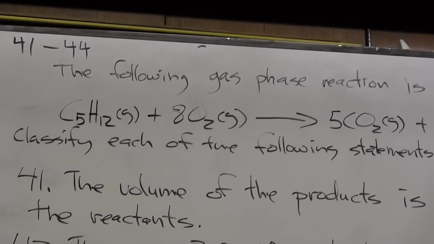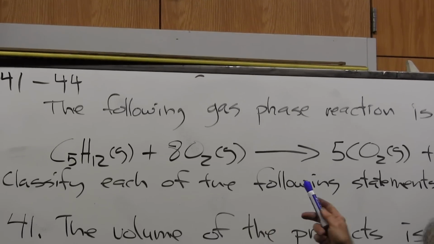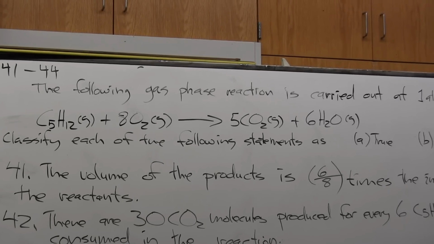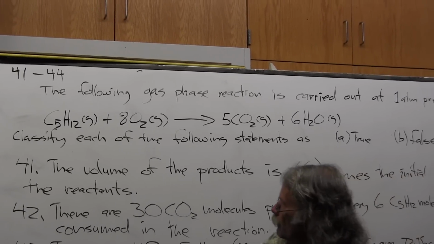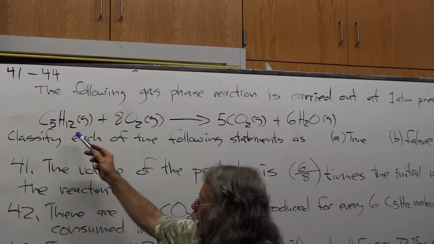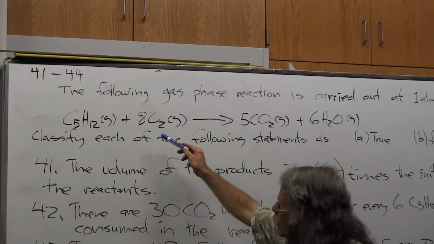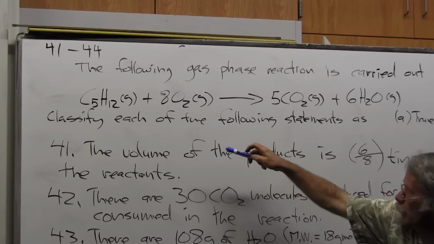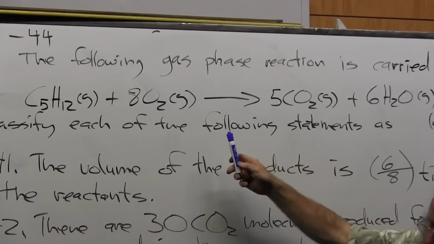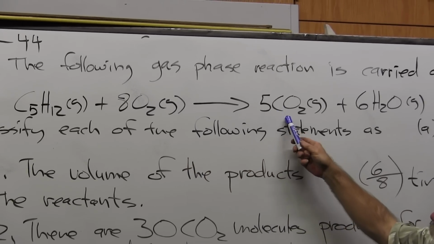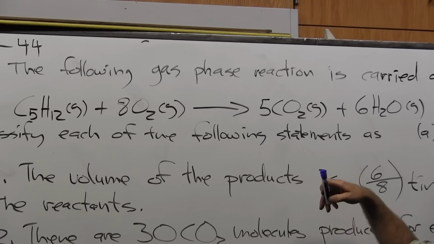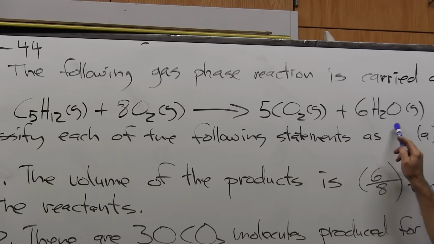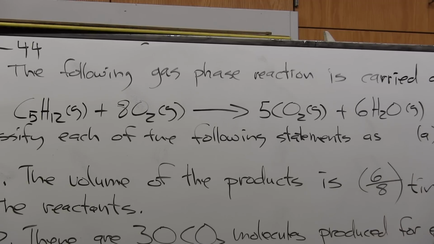The following gas phase reaction is carried out at 1 atmosphere of pressure. C5H12, which is pentane gas, plus 8 O2, which is oxygen gas, react to form 5 CO2 gas plus 6 H2O gas, which is water.